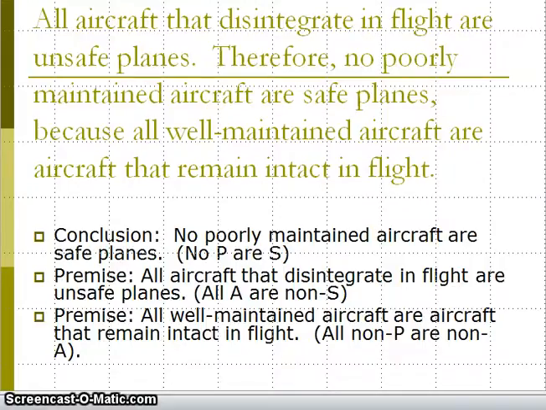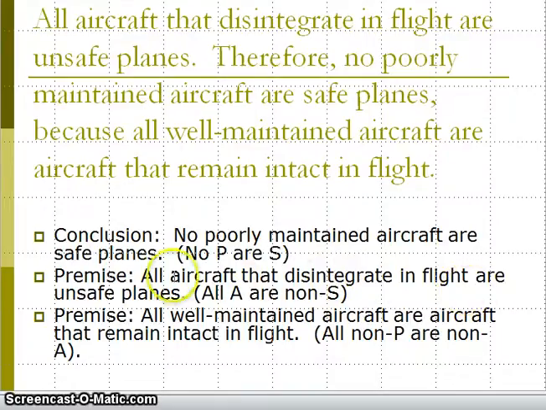The second premise is all well-maintained aircraft are aircraft that remain intact. Up here we have poorly maintained aircraft, so all well-maintained aircraft would be the opposite, the term complement. So all well-maintained aircraft are non-P, because we've already used P here. Aircraft that remain intact in flight would be the term complement of aircraft that disintegrate in flight.